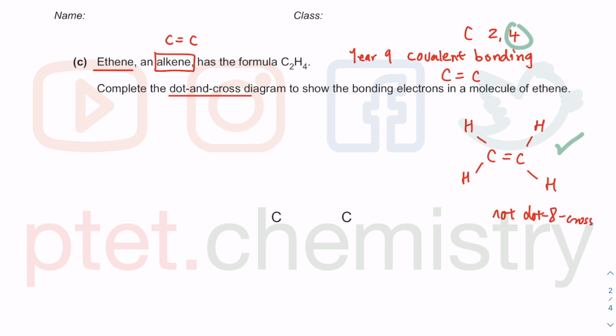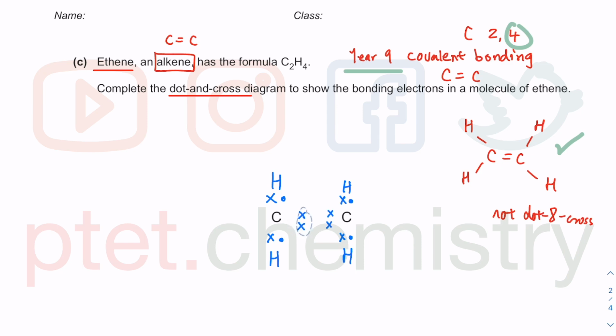Dot and cross was what year 9 had taught you, and we're just going back to the dot and cross now. Single covalent bond is just 1 electron from each atom. So that is what I have done there. That is a CH single covalent bond. This is a CH single covalent bond. Another CH, another CH. And now we've got a double covalent bond. Double covalent bond means this carbon shares 2 electrons, this carbon shares 2 electrons.